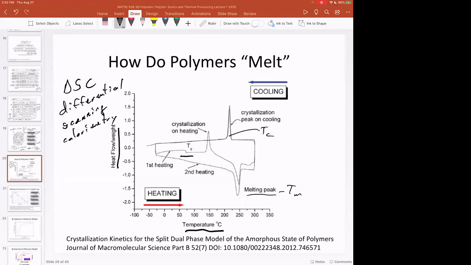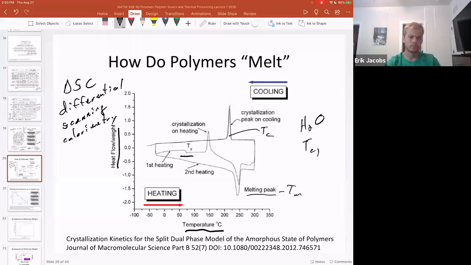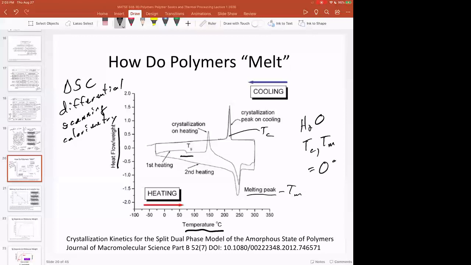What's the Tm of water or ice? 0 Celsius, yeah, that's right. It's not a trick question. So water will have a Tc and a Tm at the same temperature, 0 degrees Celsius.